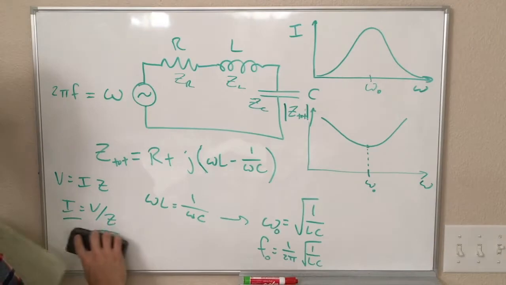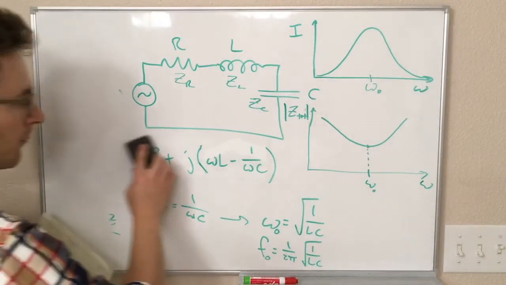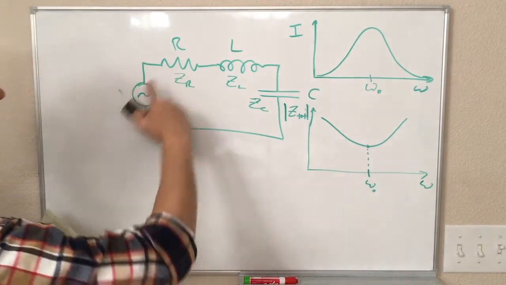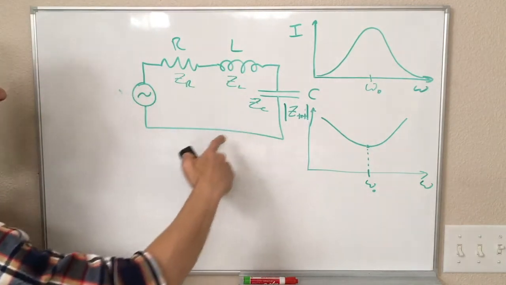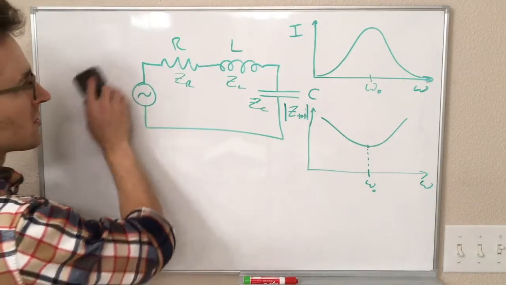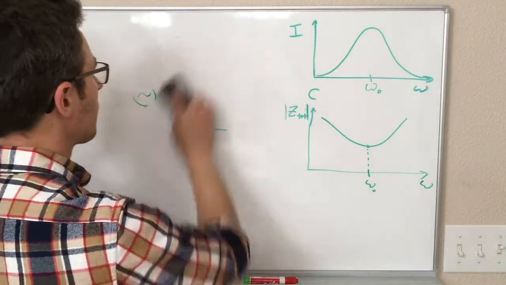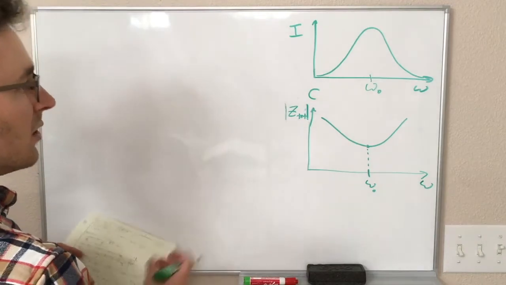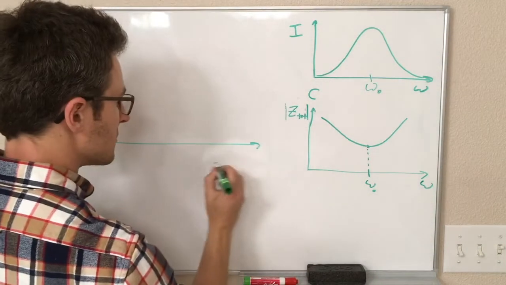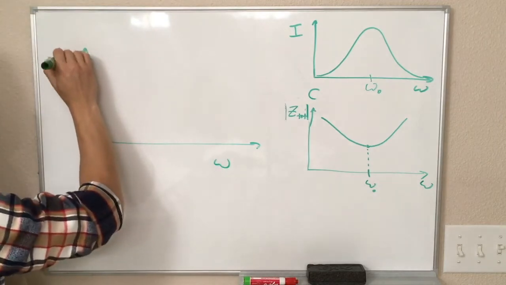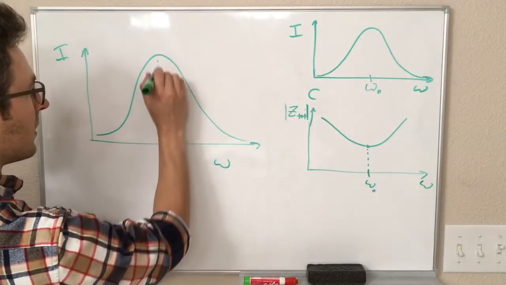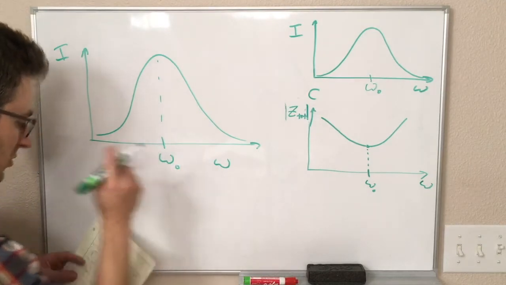Okay, let's define some more variables that are going to be useful for talking about these circuits. So the equations we're going to write are all going to be for an RLC series circuit that looks like this. So I'm going to draw this graph bigger because this is useful as it turns out. Okay, so this point here is our special resonant frequency.